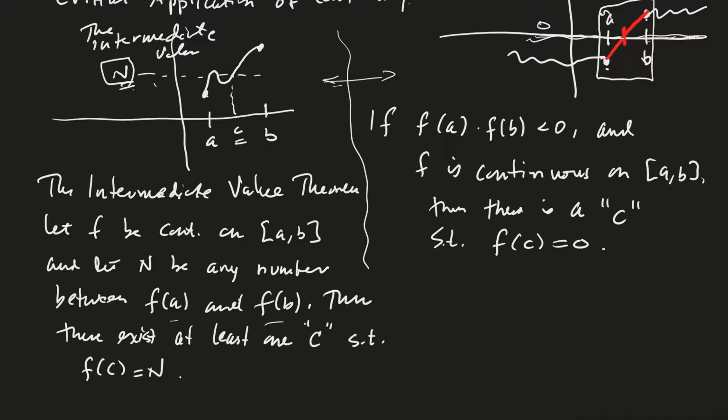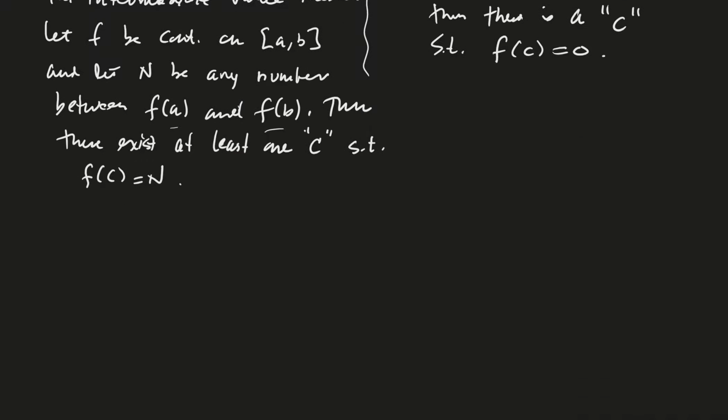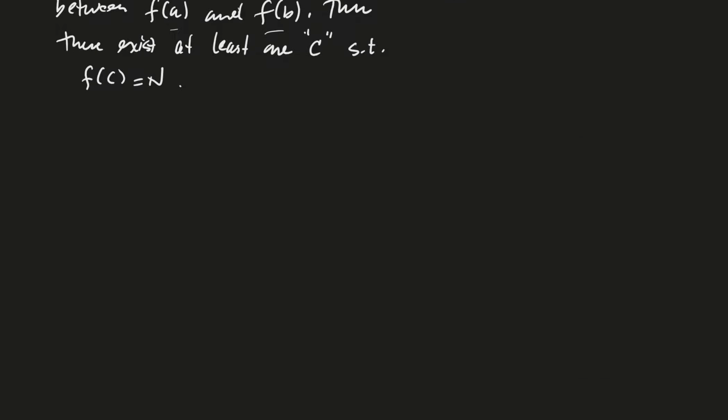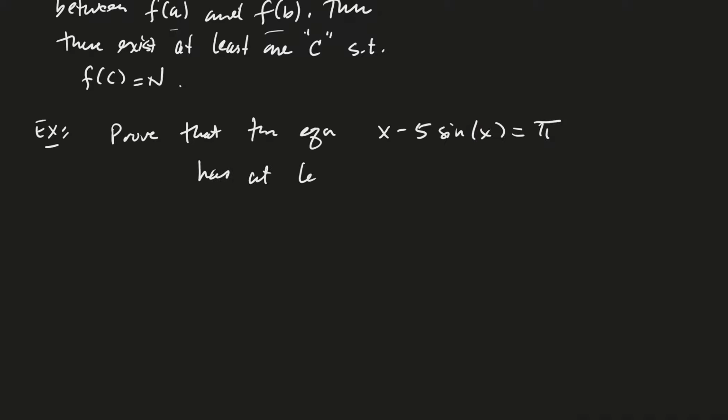I've said that several times. Let's see how this theorem is used. So here's an example. Prove that the equation x minus 5 sine x equals pi has at least one solution.